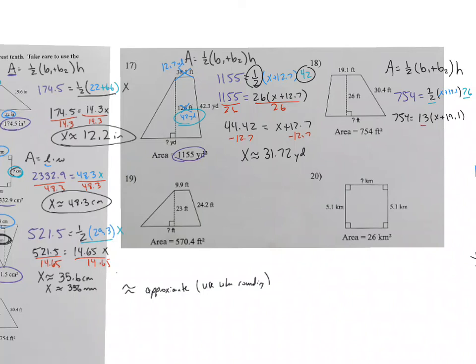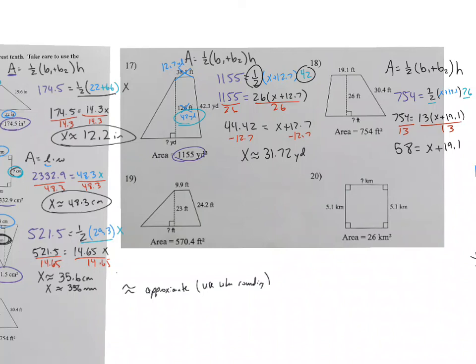Now remember, you can distribute. I'm going to divide. I just think it's better. And the reason we don't subtract is, remember, the plus 19.1 is inside the parentheses, so you have to get rid of the 13 first. So I do 754 divided by 13. I end up with 58. So I have 58 equals x plus 19.1.